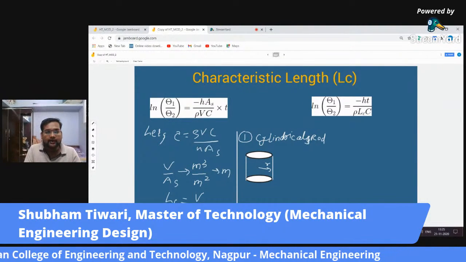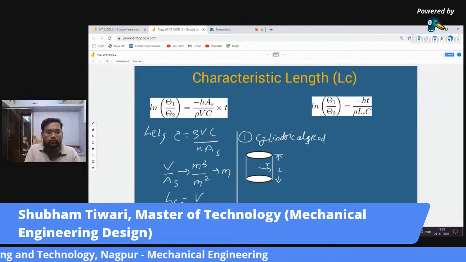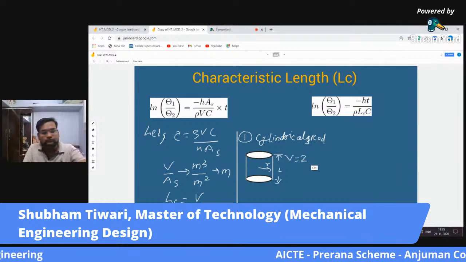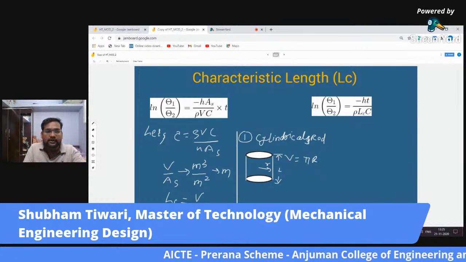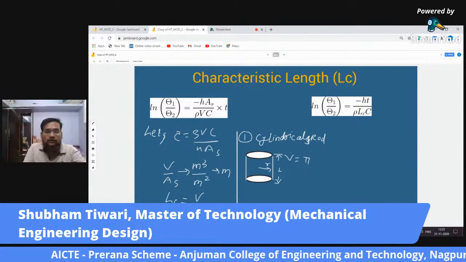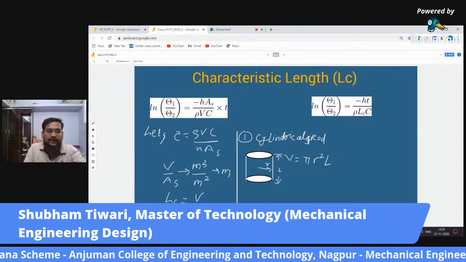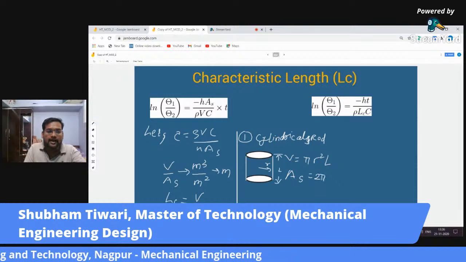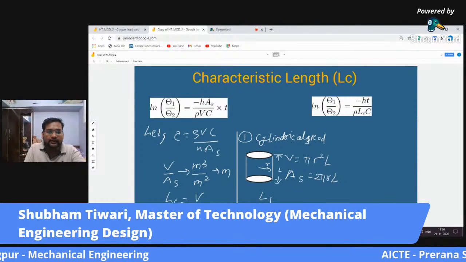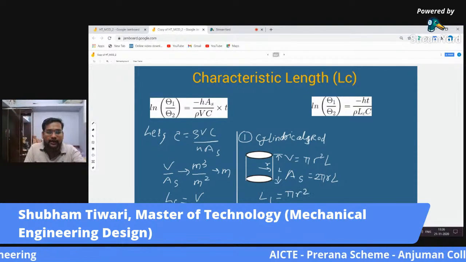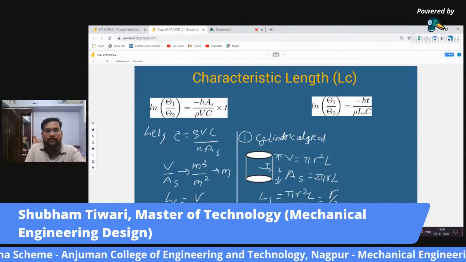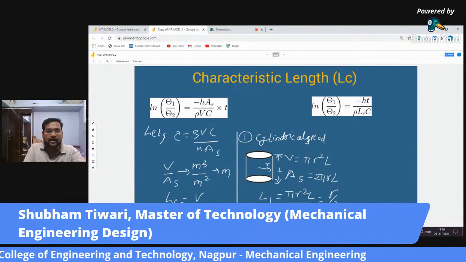It has a radius r and length L. So its volume will be its cross section area, pi r square, multiplied by its length, and its surface area is 2 pi r L. So the characteristic length is pi r square L upon 2 pi r L, and what remains here is r by 2. So for a cylinder, the characteristic length is r by 2.